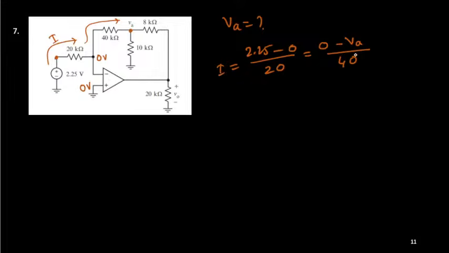Am I correct? So what is Va? Va is minus, so this cancels out, it is 2, so 2 times these things, minus 2 times 2.25, means minus 4.5 volt.